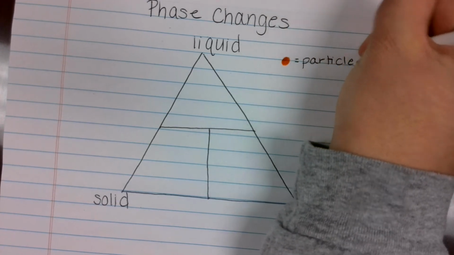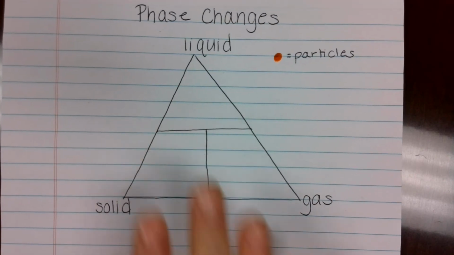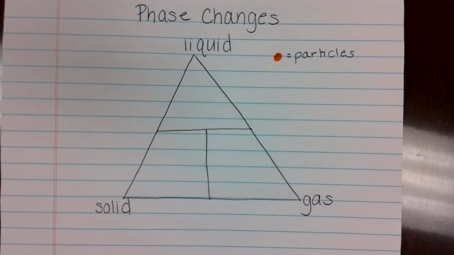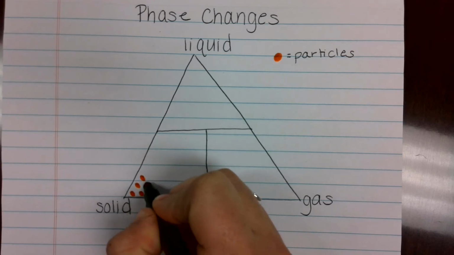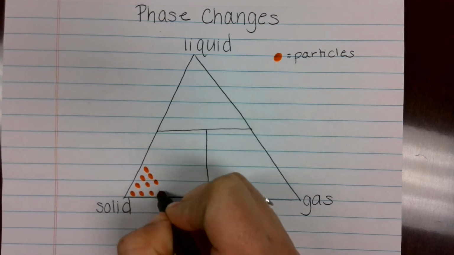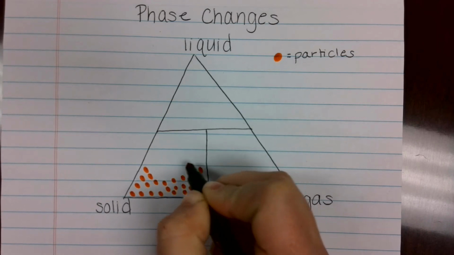Now, in every state of matter, there are particles that exist inside the element or the structure that we are looking at. In a solid, all of our particles are packed in really close together. This makes the solid really dense, right? This makes it so it's in a solid form.